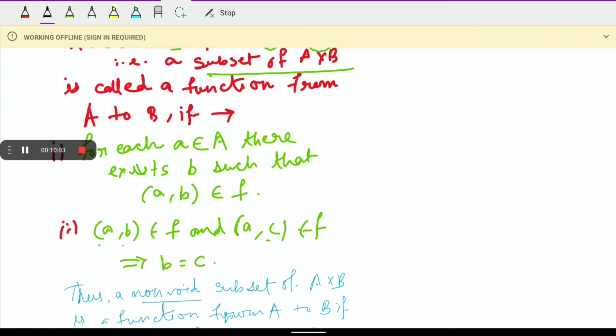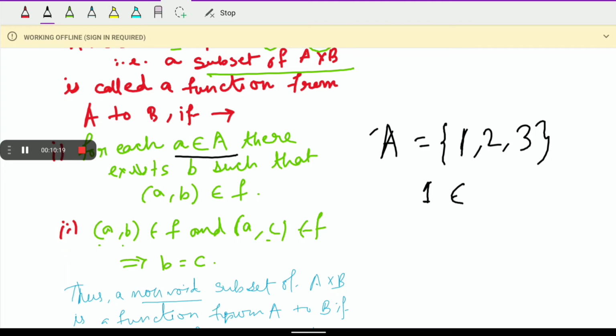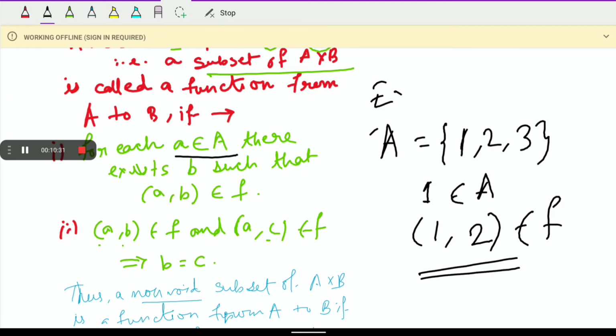Number one condition: for each a that belongs to A, that is for every element, there exists b such that the ordered pair belongs to F. For example, take a set {1, 2, 3}; for each element, such as 2, there is an ordered pair that belongs to F. As for example.